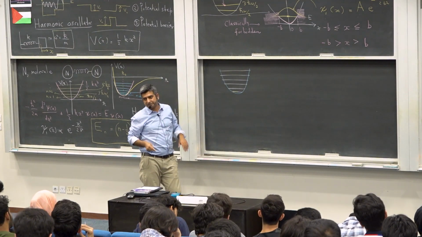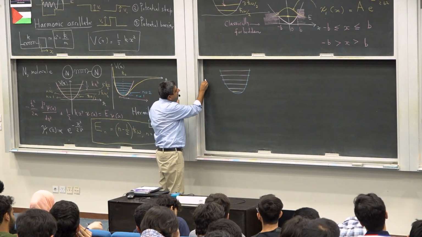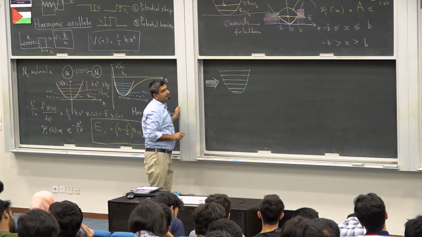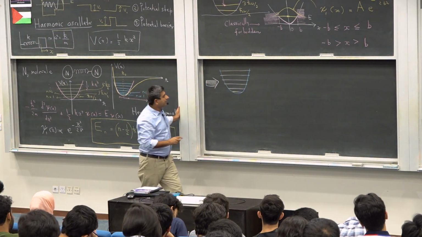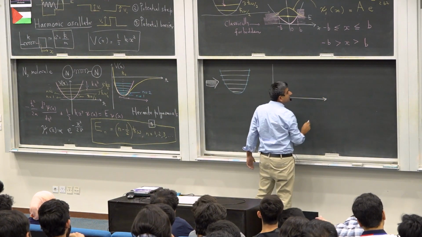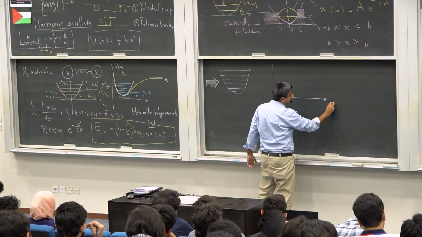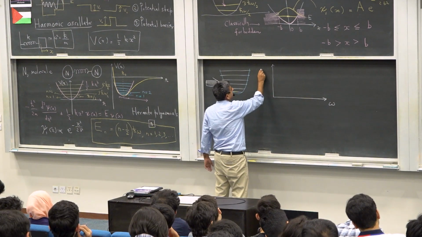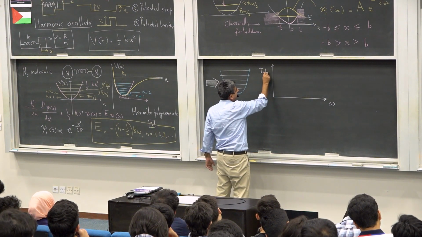All of these levels exist. Now if I shine light onto this molecule, light comes in. If I were to make a plot of the frequency of light versus intensity of light.